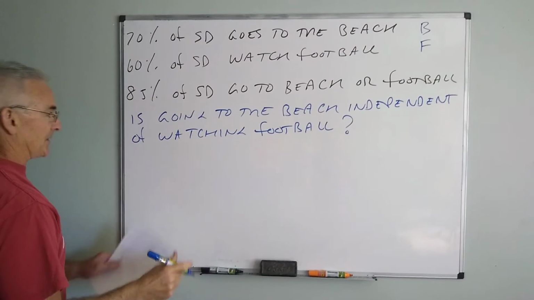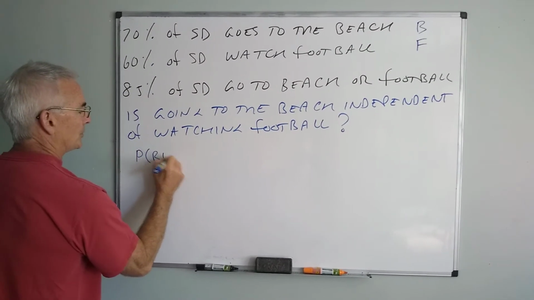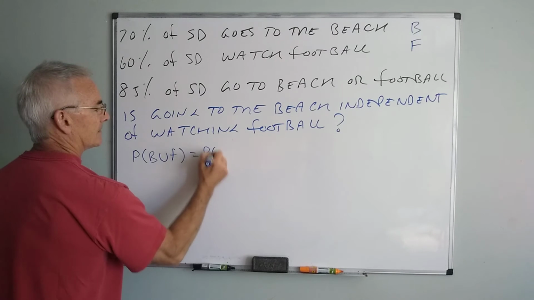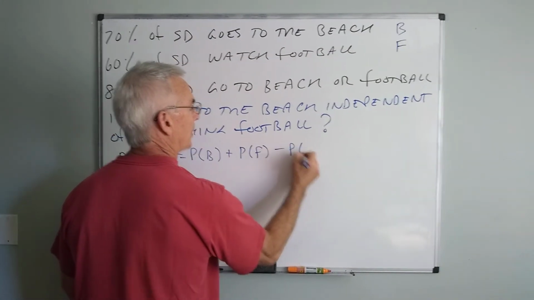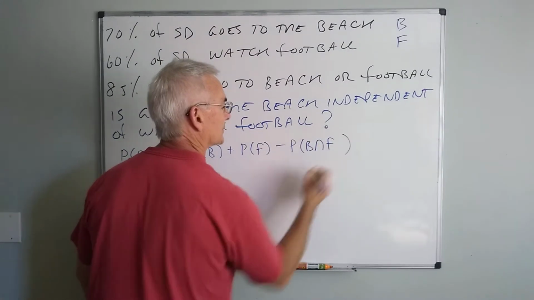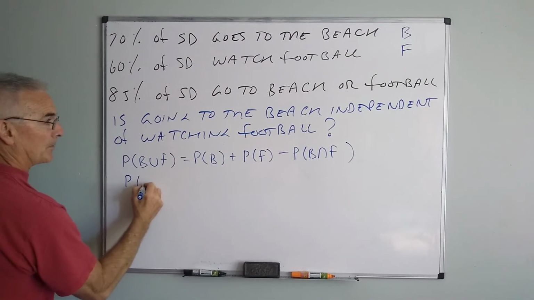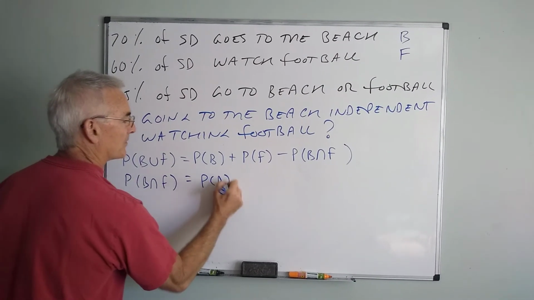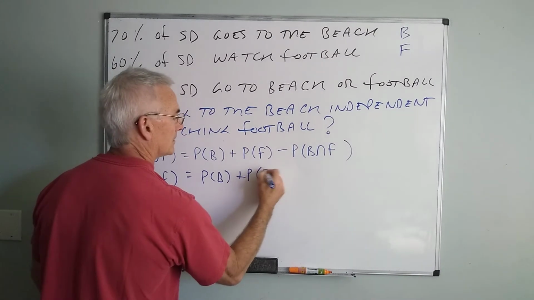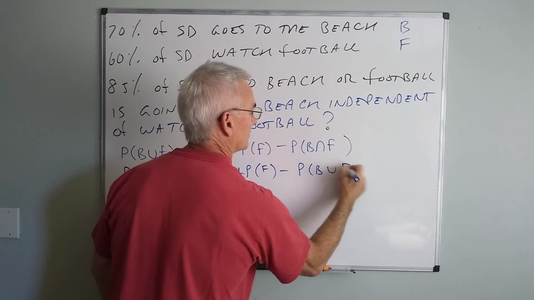So let's set it up this way. We know that the probability of the union is the sum of the probabilities minus the probability of the intersection. So that means if I simply swap roles here, then the probability of the intersection is equal to the sum of the probabilities minus the probability of the union.